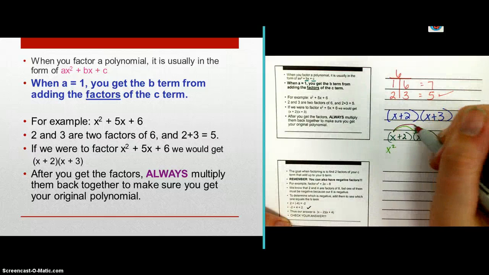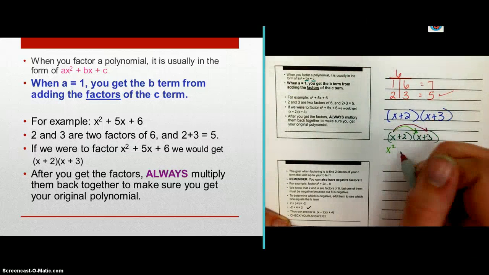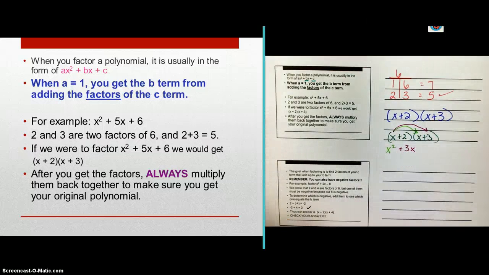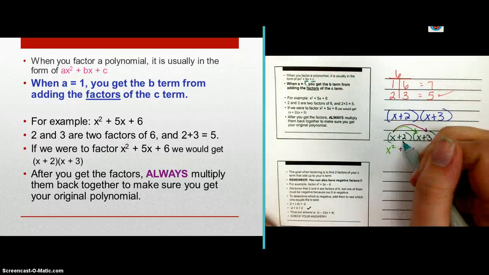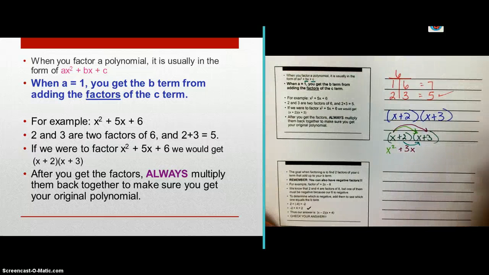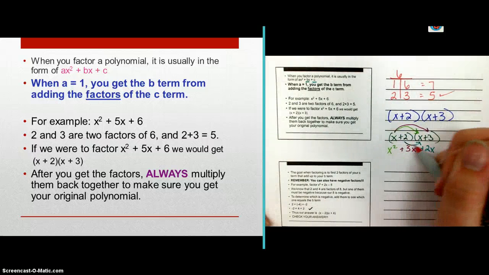Then we're going to do x times 3 and get 3x, followed by 2 times x gives me 2x, and finally 2 times 3 gives me 6.